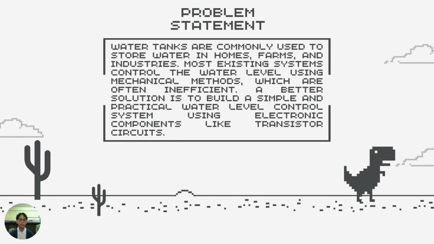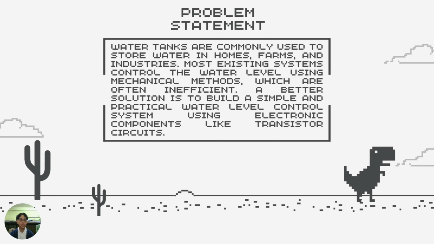So, the problem states that water tanks are commonly used to store water in home, farm, and industries. However, most existing systems still rely on mechanical methods to control water level. These methods are often inefficient, prone to failure, and require regular checking.